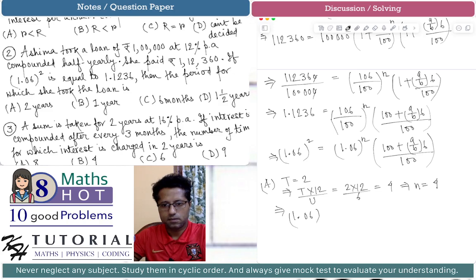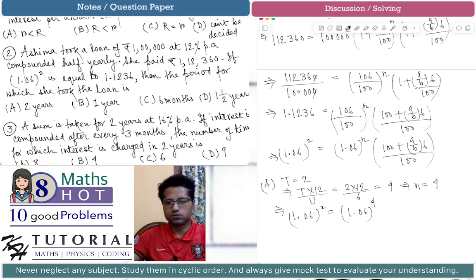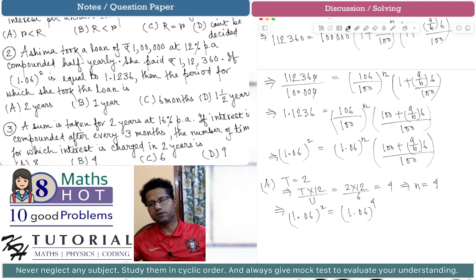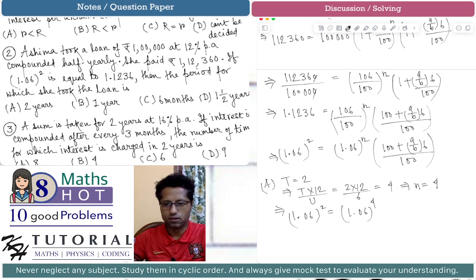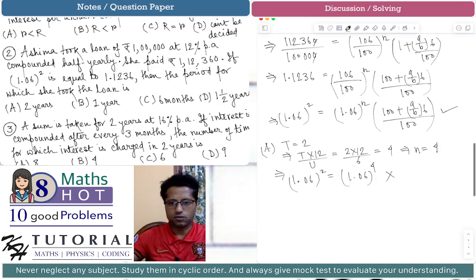If n is equal to 4, then we are having no fractional part, so a by b equals 0, and the fraction factor on the right hand side will be 1. So we will have 1.06 square is equal to 1.06 whole to the power 4, and this cannot be true. This is false. So choice A is not correct. Choice A is not working.